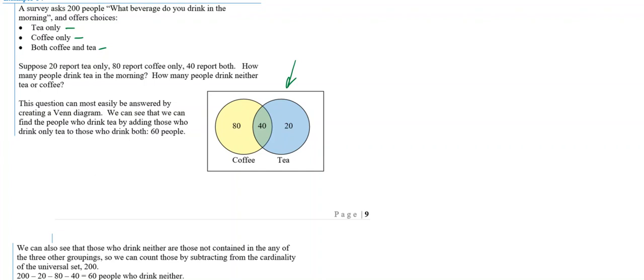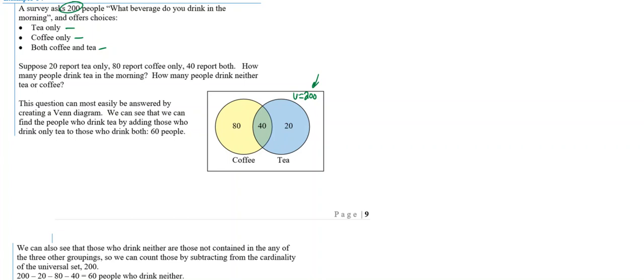What we're going to do is write down our universal set first. So what's the universal set? Well, the universal set is going to be all of the people, right? The survey asked 200 people. So we are going to put a 200 up in the top corner to remind ourselves that is the universal set. And you might want to say U is equal to or something.